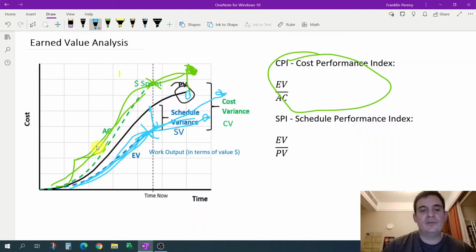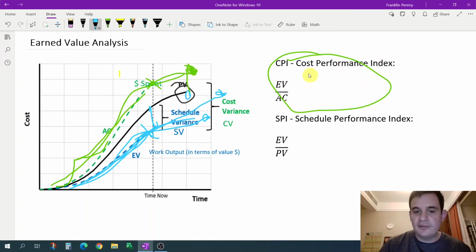It may take you a few times to work through some problems, but don't overcomplicate it by thinking about the formula. Just think about how much work was done and how much work should have been done. That gives you your index. What should the cost have been? What was the cost? That gives you your performance index.